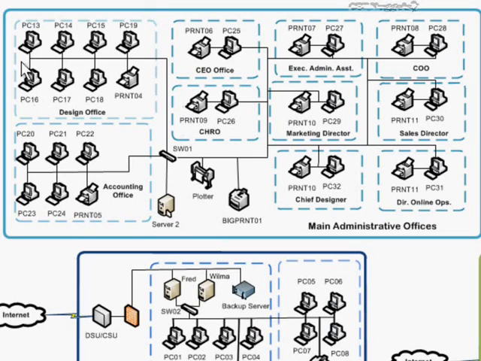What you're seeing here are work groups. For instance, there's a design office that consists of 6 PCs and a network-enabled printer. Next door, we have an accounting office with 5 PCs and a printer. And then we have individual offices for the brass of this company, the CEO, the administrative assistant, the chief operating officer, the directors, and so forth.